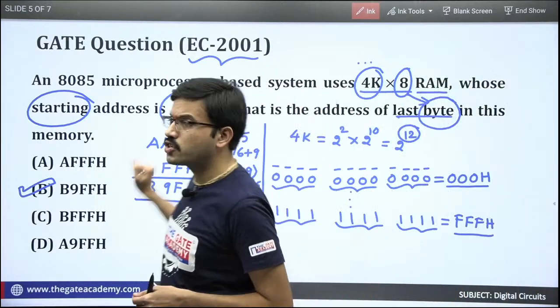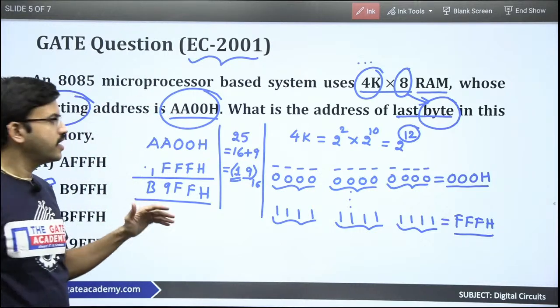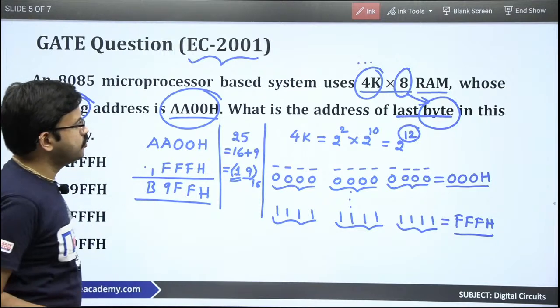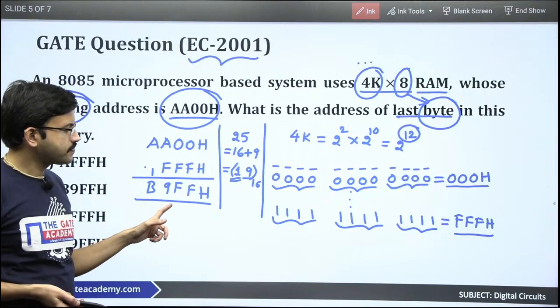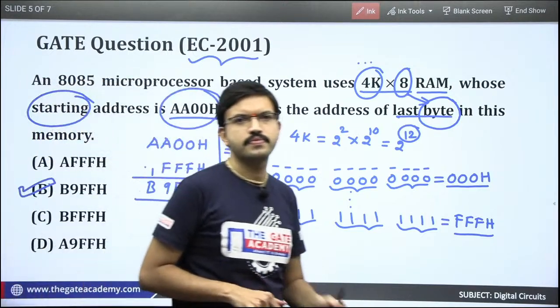In this question they have given the starting address and are asking for the ending address, that's why we have added. Now suppose they give the ending address and ask for the starting address. What will you do? You just subtract, that's all. Here they gave the starting address, so we added this with that.